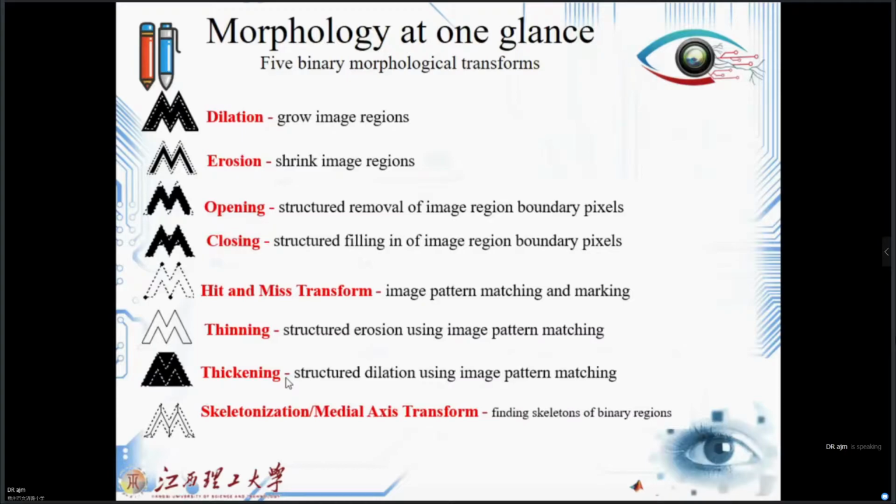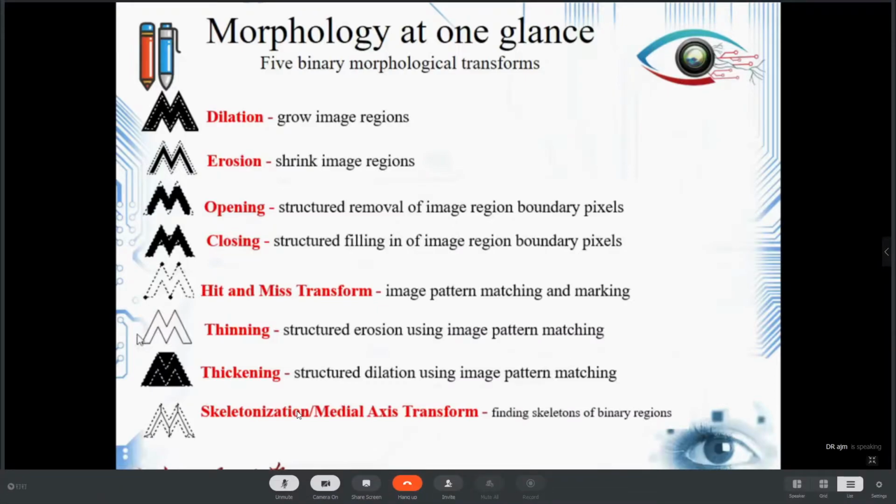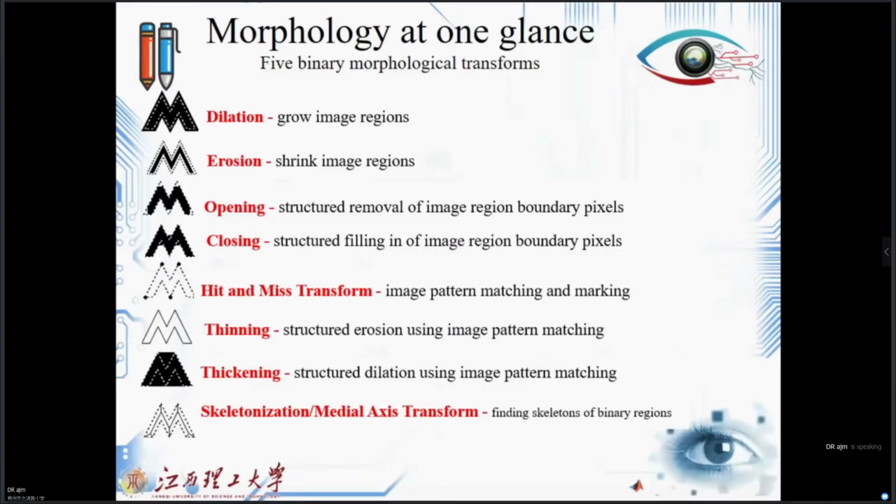Opening will structure removal of image region boundary pixels, and closing will structure filling in of image region boundary pixels. Hit and miss transform is image pattern matching and marking.